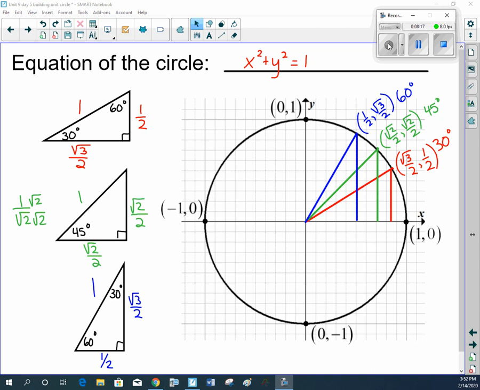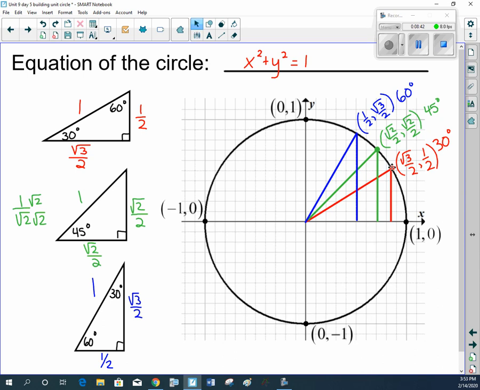As you can see, we've drawn in 3 reference triangles that have given us 3 new points on our unit circle. This first point right here was at the square root of 3 over 2, comma, a half. The second point was right here when we rotated 45 degrees and we got the square root of 2 over 2, comma, the square root of 2 over 2.